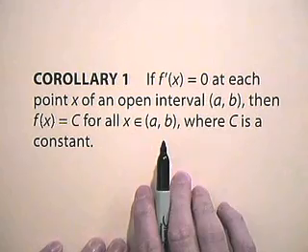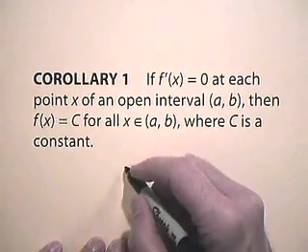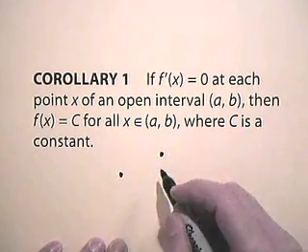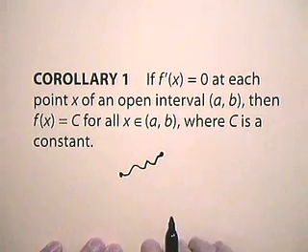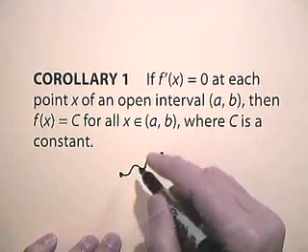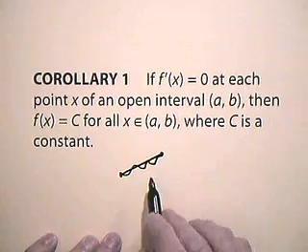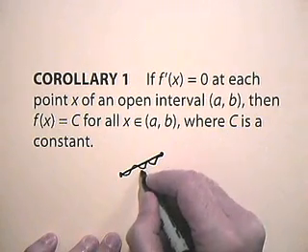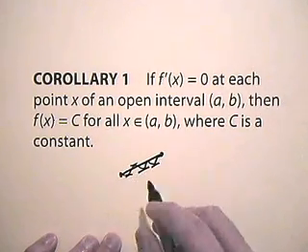Now, how is this a consequence of the mean value theorem? Well, suppose the function's not constant. That is, suppose there are two points on the graph of different height. Well, by the mean value theorem, there has to be a point in the interior where the tangent line has the exact same slope as the line connecting those two points, at least one.